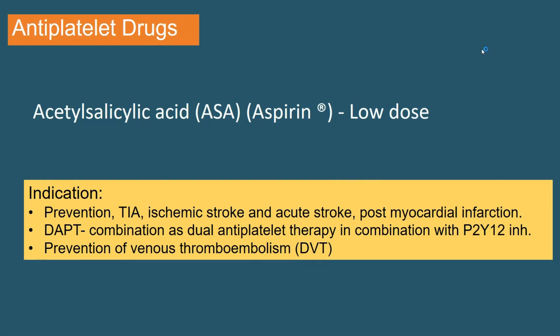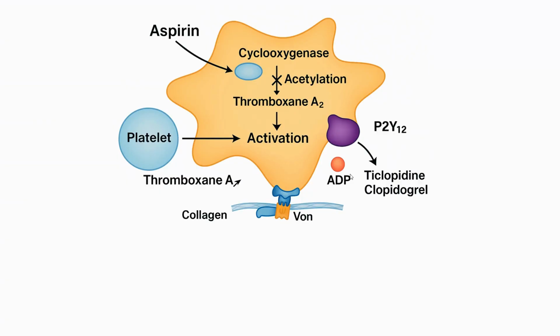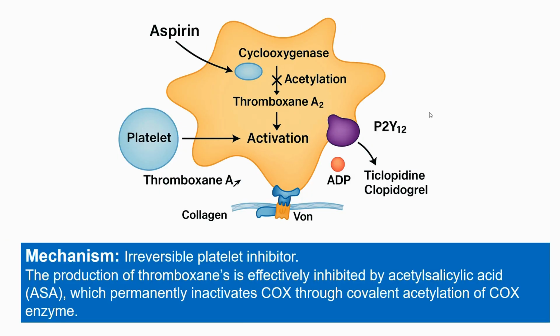All right, so next here is the mechanism of action for aspirin. Aspirin's mechanism of action is the most commonly tested question in the exam, or frequently asked about, because it is an irreversible platelet inhibitor. It binds to cyclooxygenase by acetylation, and because of that acetylation, it permanently inactivates the COX enzymes through covalent acetylation of the COX enzyme.